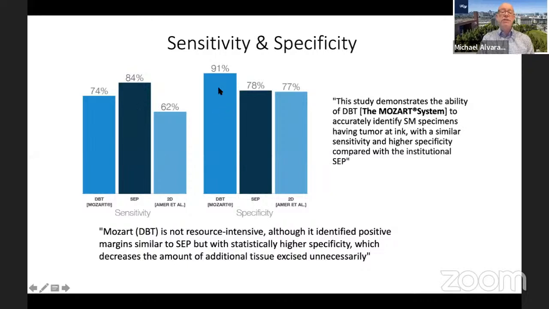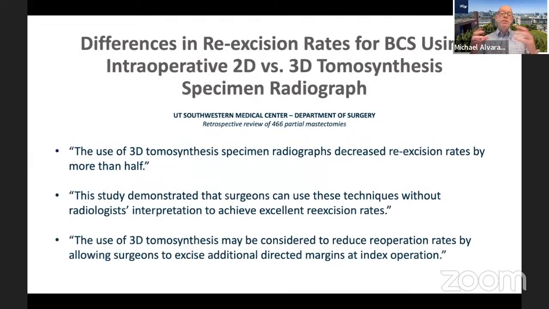Here you can see the specificity actually outperforms their exhaustive standard pathologic assessment. So that's data there. There's also data from UT Southwestern that's been published looking at almost 500 lumpectomies, showing that the 3D tomosynthesis really lowers the chance of a positive margin and decreases re-excision rates.